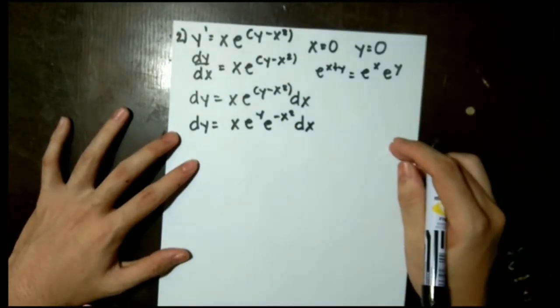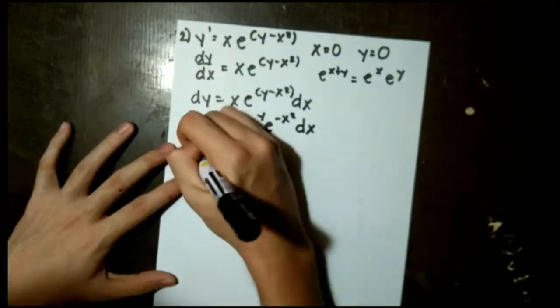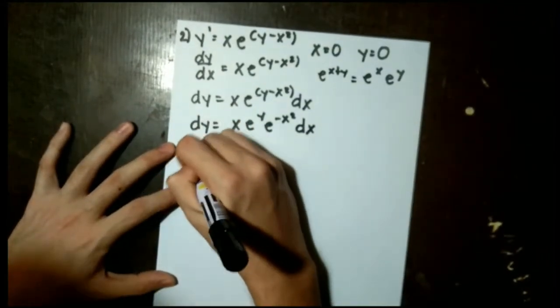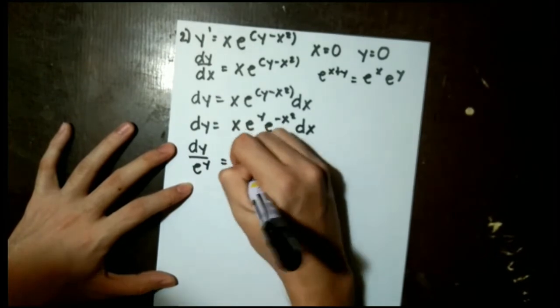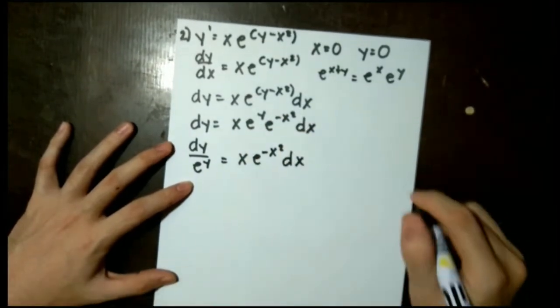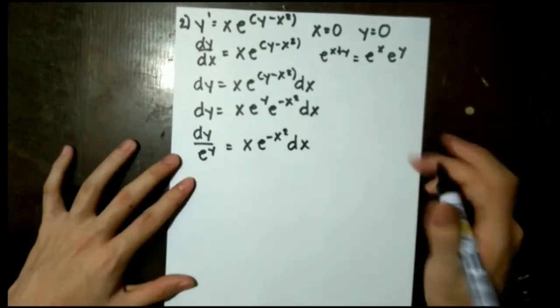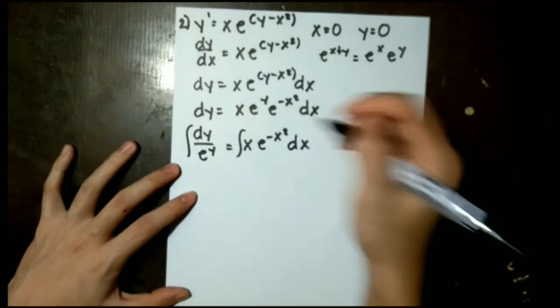So, pagsamahin natin yung pure functions of y sa dy, pure functions of x sa dx. So, dy over e raised to y is equal to x e raised to negative x squared dx. So, pwede na tayo mag-proceed dun sa integration. So, integrate natin ito.